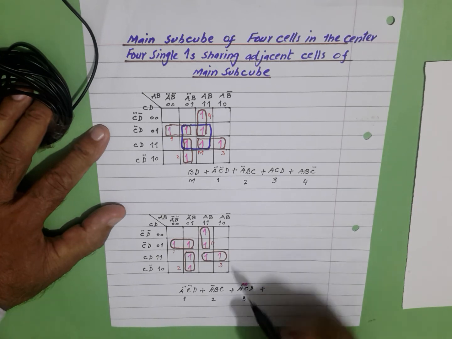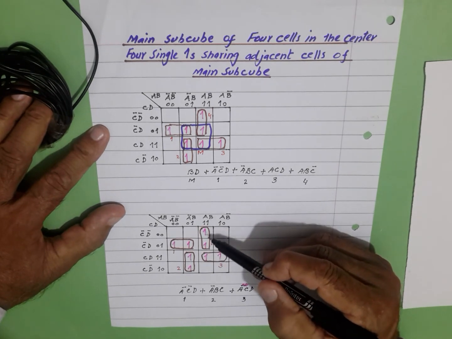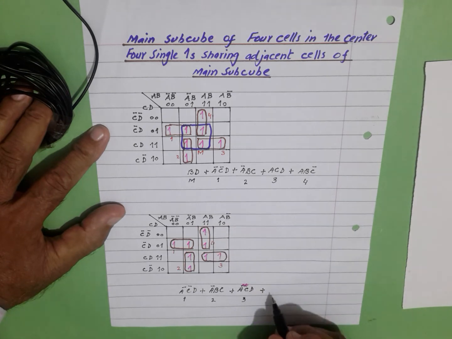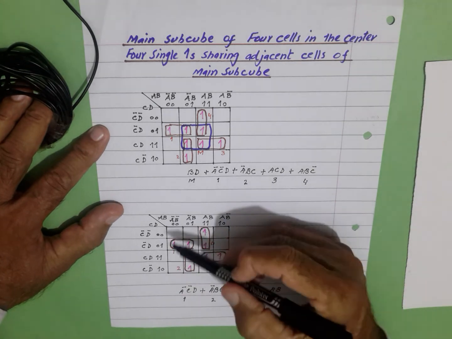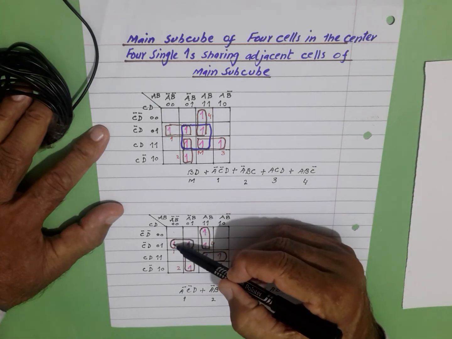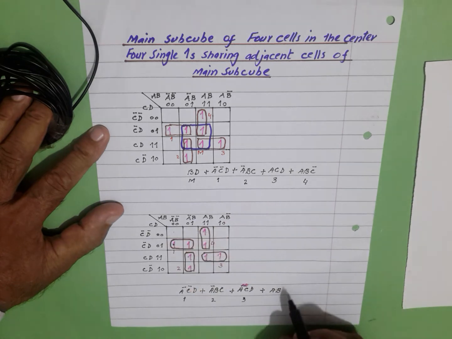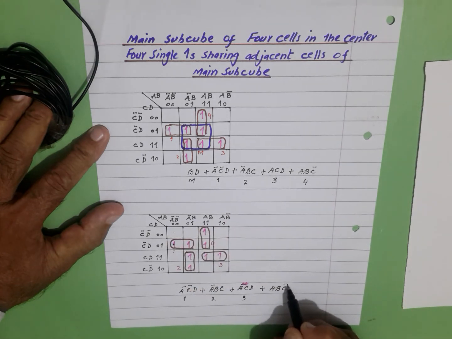For the fourth one, this one, it is in one column, we write A, B. Let us now look horizontally from this row to this row. C bar is not changing, we will write C bar, and it is fourth one.